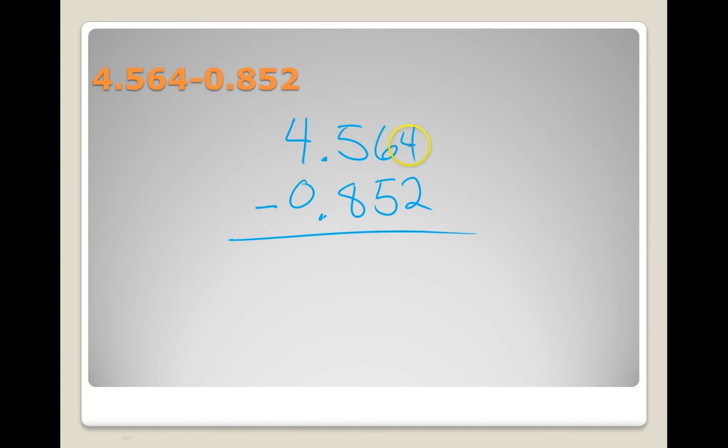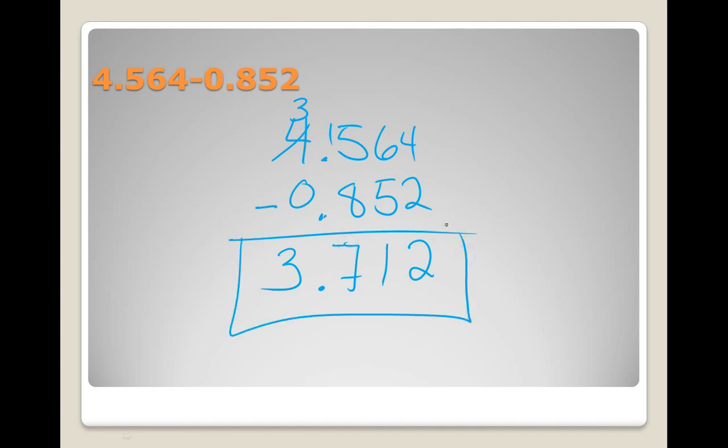Then we subtract. 4 minus 2 is 2. 6 minus 5 is 1. 5 minus 8, can't do that, so we're going to borrow the 1. That gives me 7. Drop that decimal point, and that gives me 3. And there we go. 3.712. Line up those decimal places.